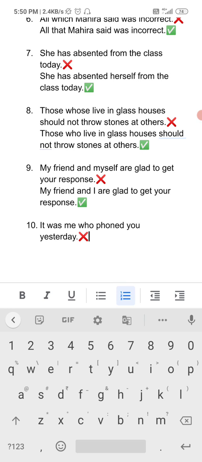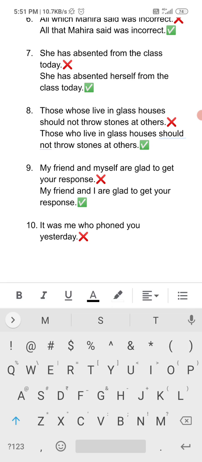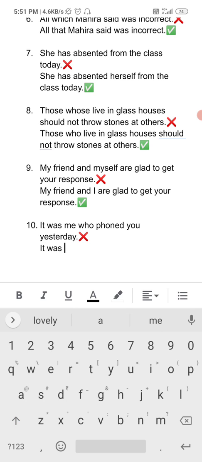So the sentence beginning in it followed by any be form should be followed by the nominative form of a pronoun. This is the rule of pronoun. Again, we have to write here, it was I who phoned you yesterday. This is correct.